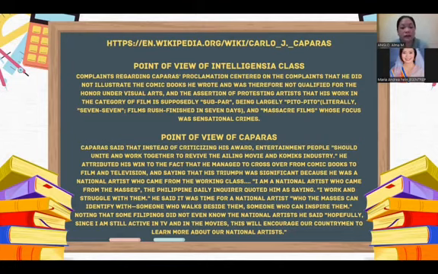Noting that some Filipinos did not even know the national artists, he said, hopefully, since I am still active in TV and in the movies, this will encourage our countrymen to learn more about our national artists.